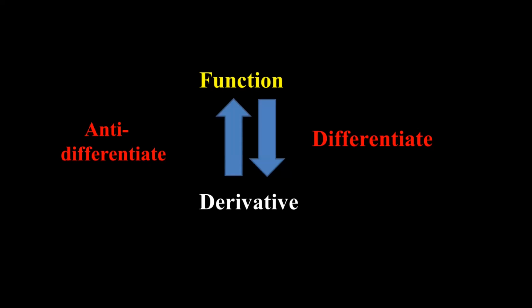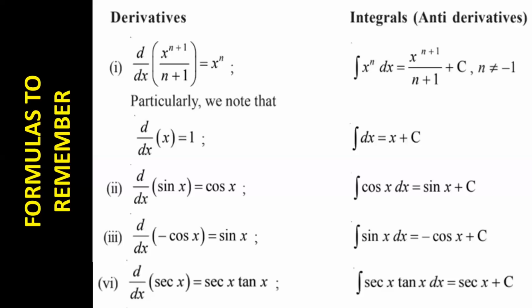To solve questions for antiderivatives, or to find integrals, we must remember some formulas, and some of those formulas we have written here. You can see that they are the formulas of derivatives as well as antiderivatives. Antiderivatives we call integrals.